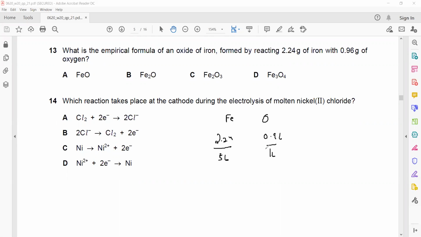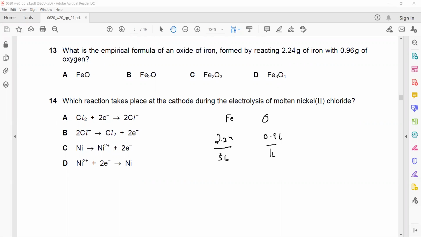What is the answer? 2.24 divided by 56. No, I'm not asking for the final answer. 2.24 divided by 56.